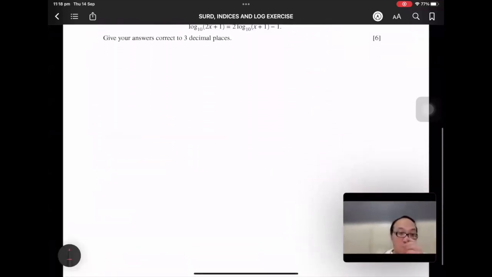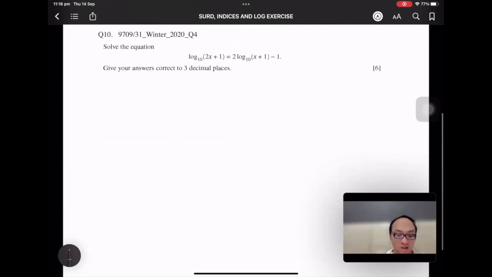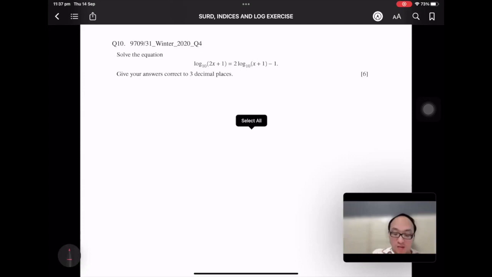And number 10, we solve this. The same method, yeah. I can move the 2 to the power, yeah. So it's log base 10 of (x plus 1) equals log base 10 of (x plus 1) squared minus 1. 1 can be changed into the log base 10 of 10.